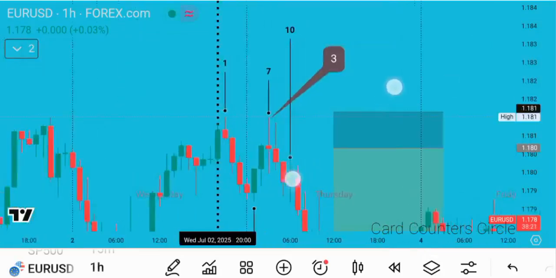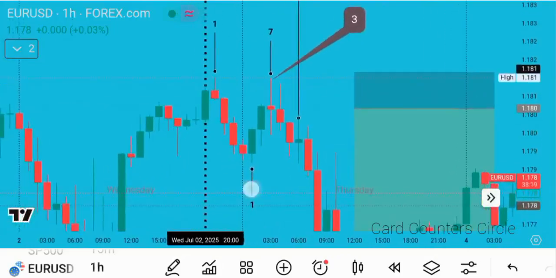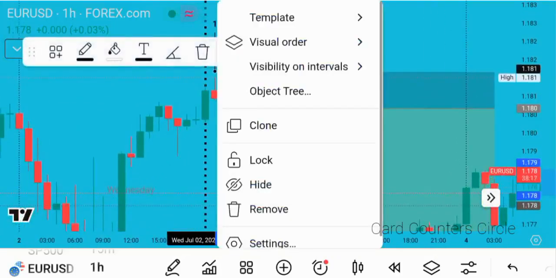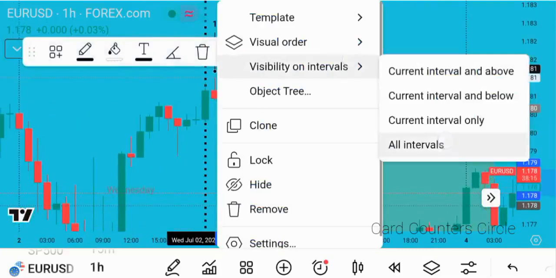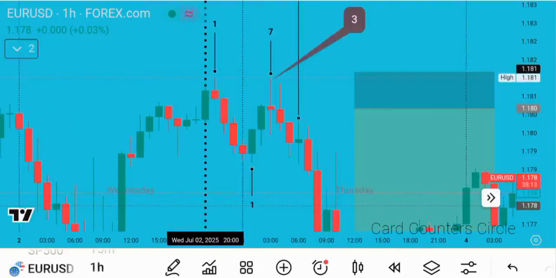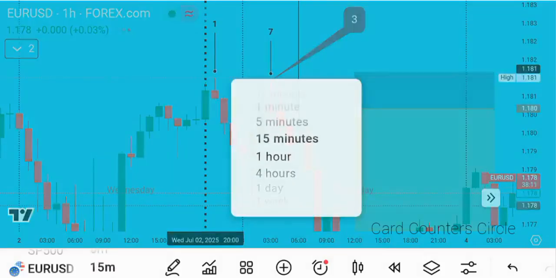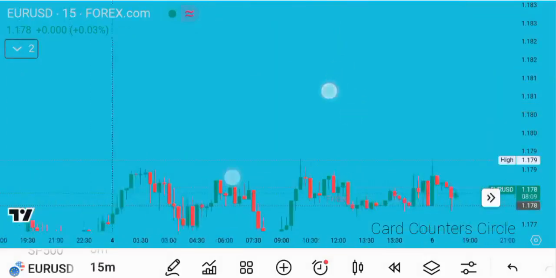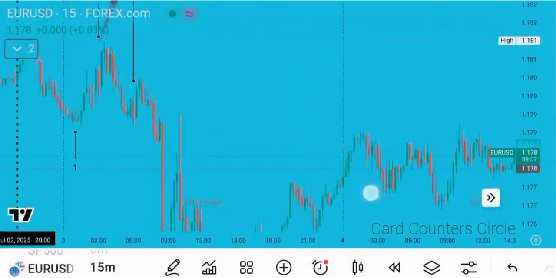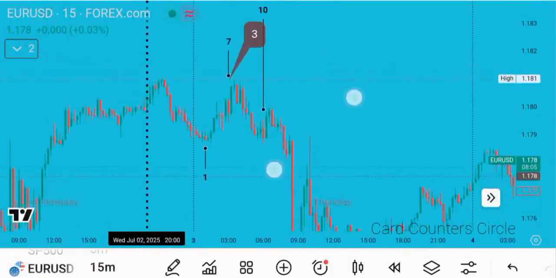I want to see them when we go down to the lower time frame. That's why I have to do this. I'm sorry. Okay, so once we go down to the lower time frame, it should show us exactly those regions. Yes, thank God it's here.